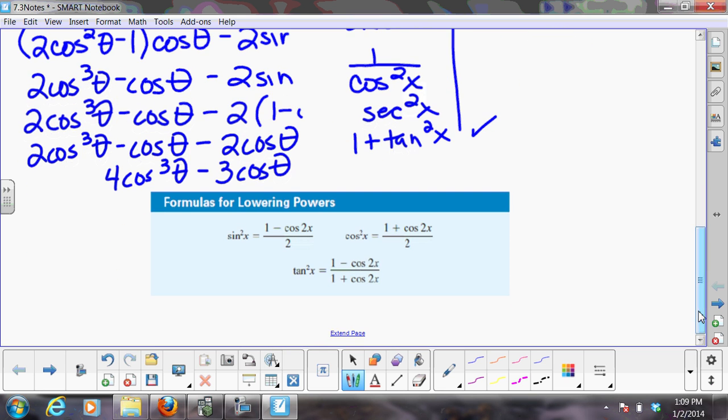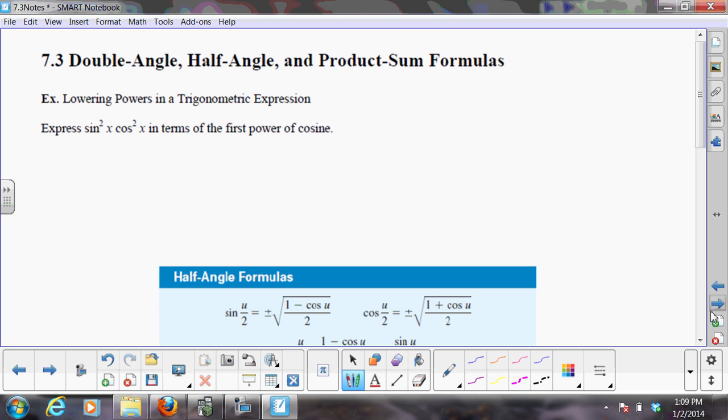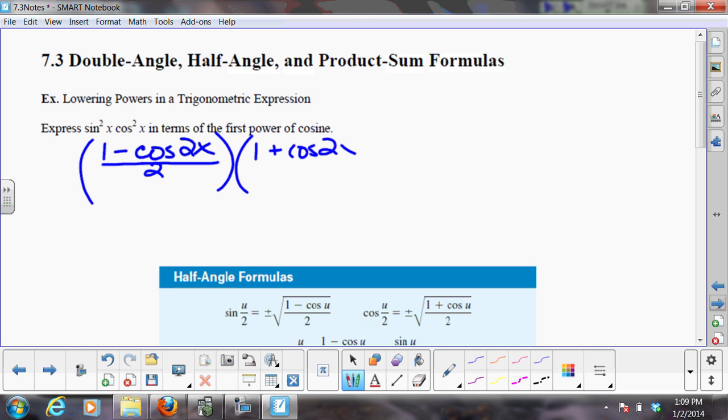Then there are formulas for lowering powers. They go from squareds down to double angles, which are those three right there. Using those three, they wanted the first powers of cosine, so sine squared x changes to 1 minus cosine 2x all over 2, and cosine squared x changes to 1 plus cosine 2x all over 2.